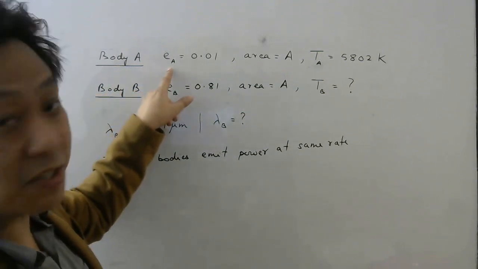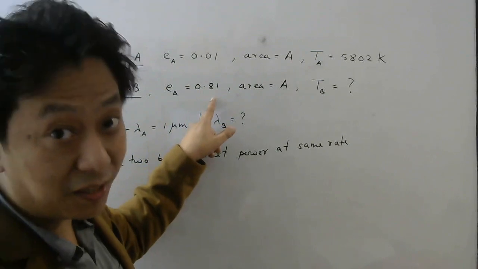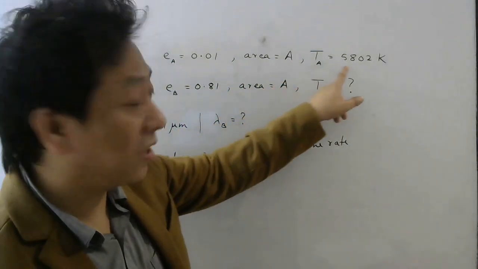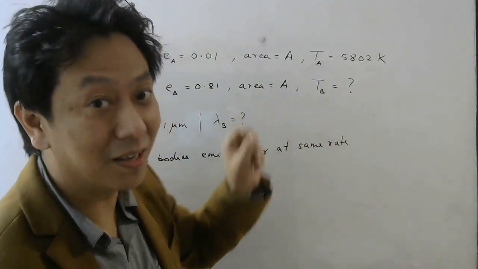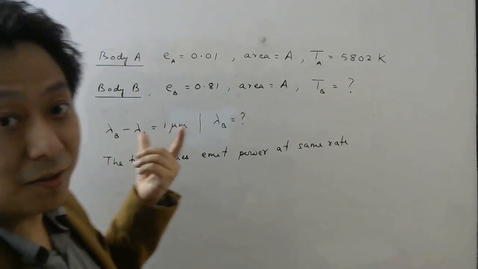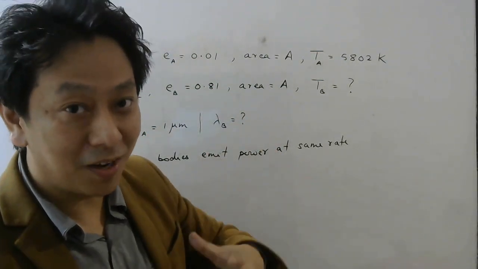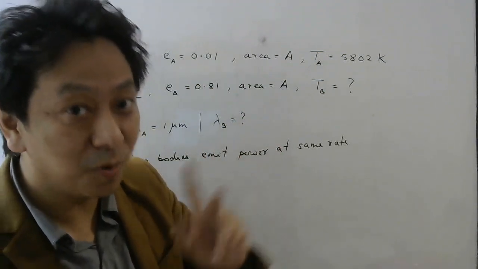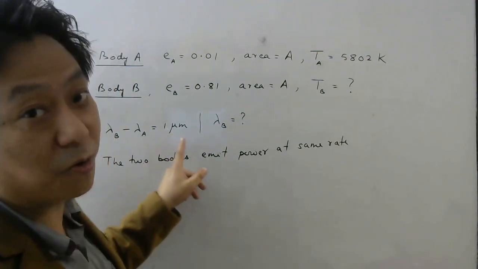So these are the given informations. For body A, emissivity is 0.01. For body B, it is 0.81. Areas are given same. Temperature of body A is 5802 Kelvin. We have to find temperature of body B. Also, they told the wavelength at which the intensity is maximum, that wavelength for the two bodies differs or is shifted by 1 micrometer.